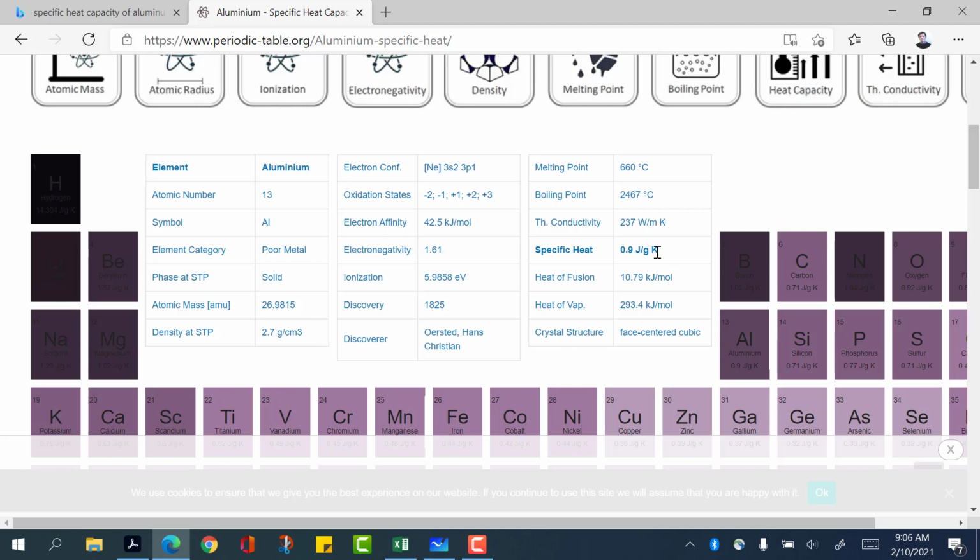Yes, we did ours in degrees Celsius. But one thing, if you're calculating the change in degrees Celsius, or you're calculating the change in degrees Kelvin, it would be the same as long as you're consistent in your units.